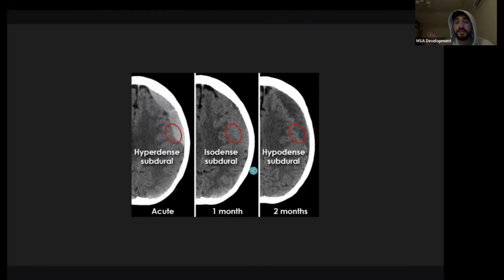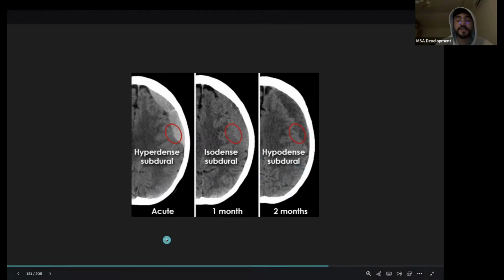However, after a month, it's going to become isodense, right? And then 2 months later, when it becomes chronic, it's going to become hypodense. So if it's acute, it's going to be hyperdense. If it's subacute, it's going to be isodense. And if it's chronic, it's going to be hypodense.